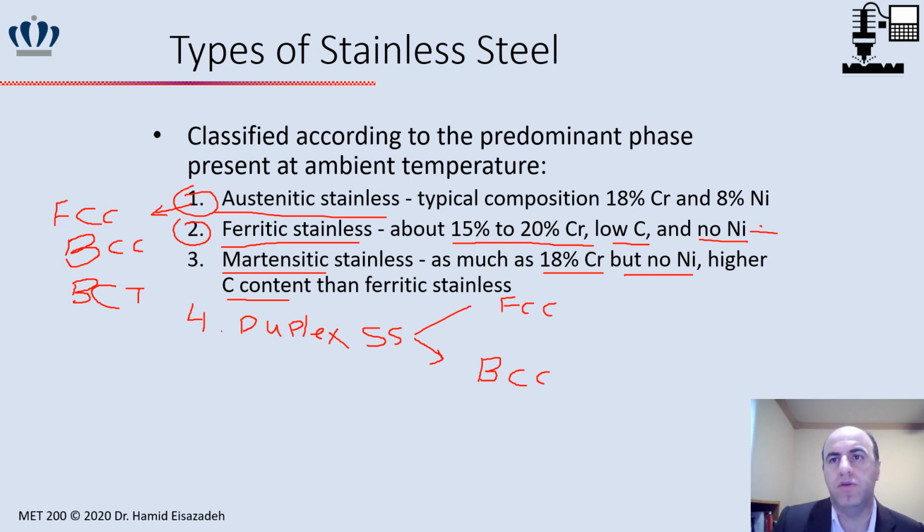Ferritic steels have less corrosion resistance, and also less ductility. They can be used in a kitchen as utensils, up to jet engine parts.